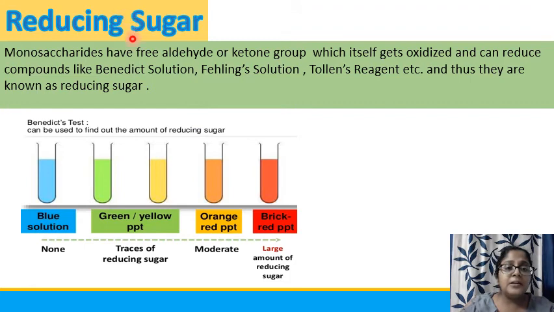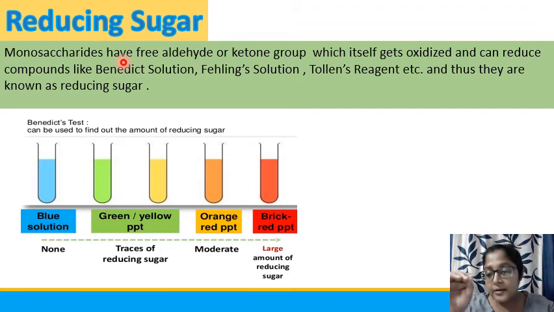Another very important property of carbohydrates is being a reducing sugar. Monosaccharides are all reducing sugars. These are the tests that we do to identify sugar. In class 12 there are different tests to identify monosaccharides, and we do them by this property of reduction.